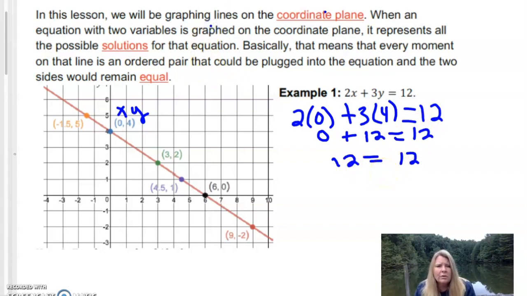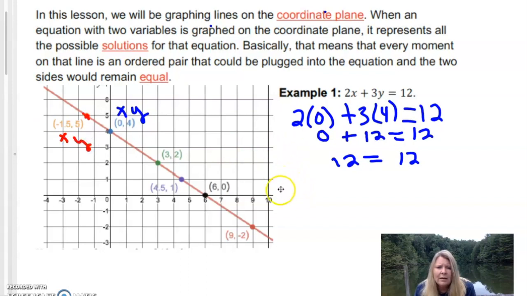I'm going to switch colors on my pen up here, and let's pick another one. You see this one's not in the corner. It's on the side right there in the middle, so it doesn't have to be just whole numbers. There are infinitely many points on that line, and any point that I choose is a solution. In this one, the x is negative 1.5 and the y is 5.